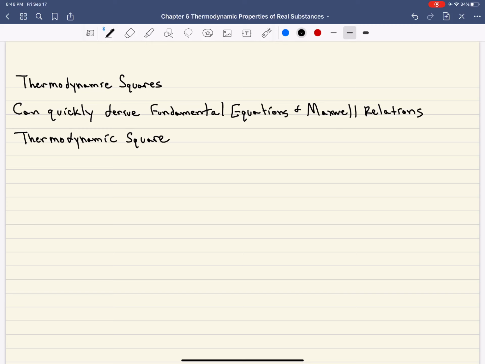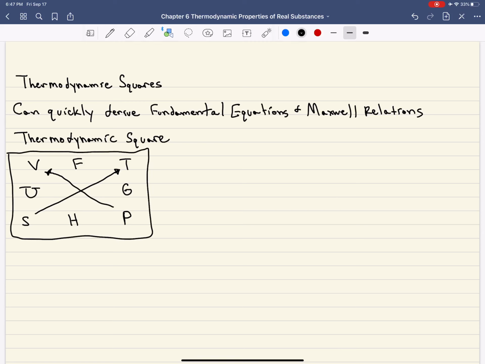Right? And so the structure of the thermodynamic square looks like this. It's like a 3x3 grid, where you have arrows stretching across like this. So this is what it would look like if you used F for your Helmholtz equation.